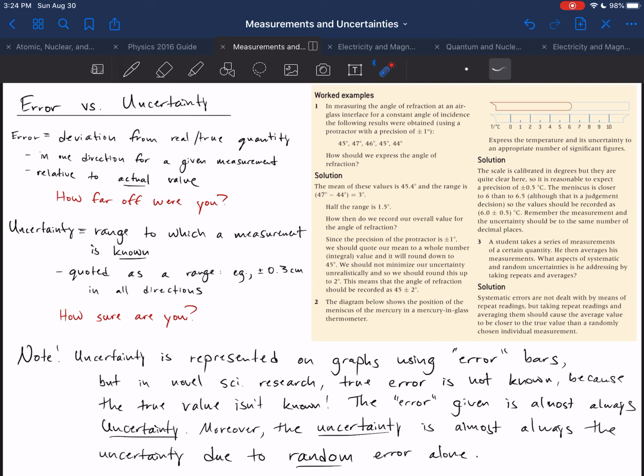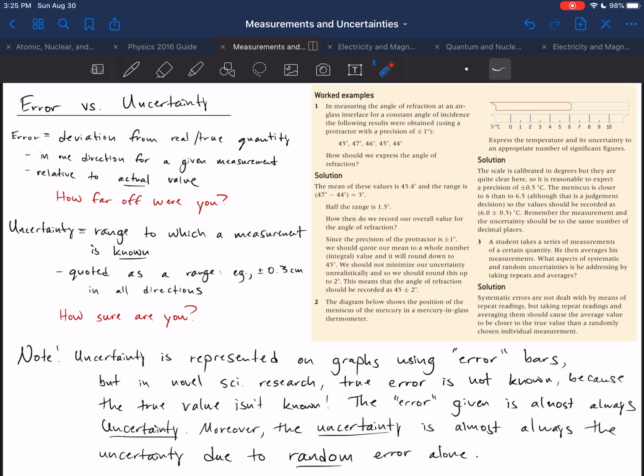Now, why is this so confusing? Why is this often referred to as the error? Why am I likely to do that very thing just in discussing it? It's because this is almost inevitably a quantitative measurement of the random error. Uncertainty is about how sure you are. But almost 9 times out of 10, we don't know the true value when we're taking a measurement, particularly before we process it.